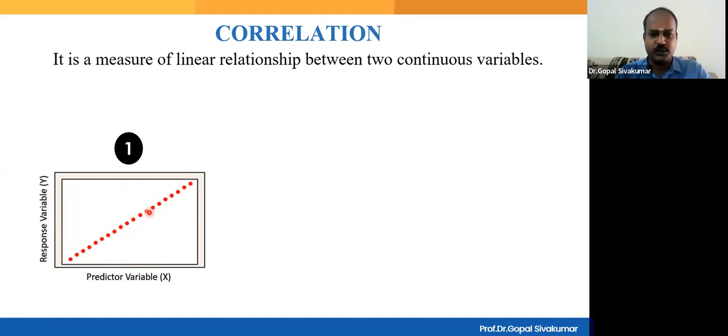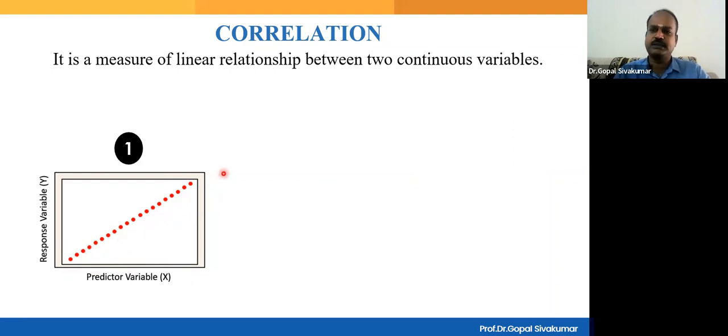And then after plotting all the y values corresponding to the different x values, I am able to see the points forming a perfect straight line. That means there is a correlation between the x variable and the y variable, and the nature of correlation is positive.